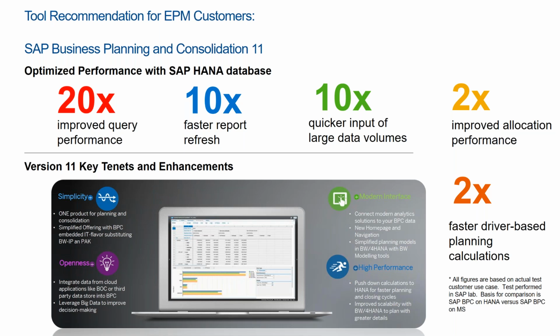Like I said, it actually changes the level of detail completely that you can pull into an EPM warehouse like this. And then from an allocation and driver perspective, SAP's been working to push those calculations down to the HANA engine, calculate them on the database layer, so that you're able to take advantage of faster performance there as well.